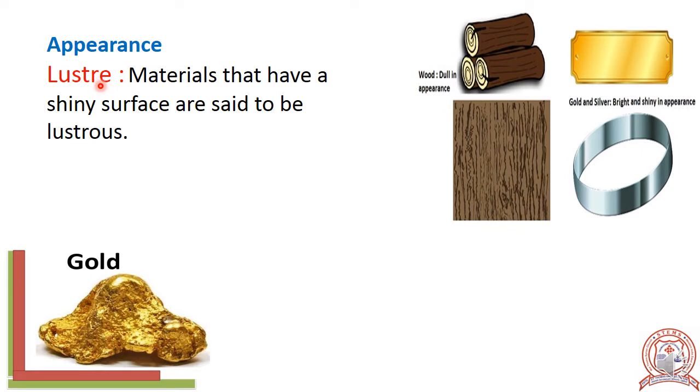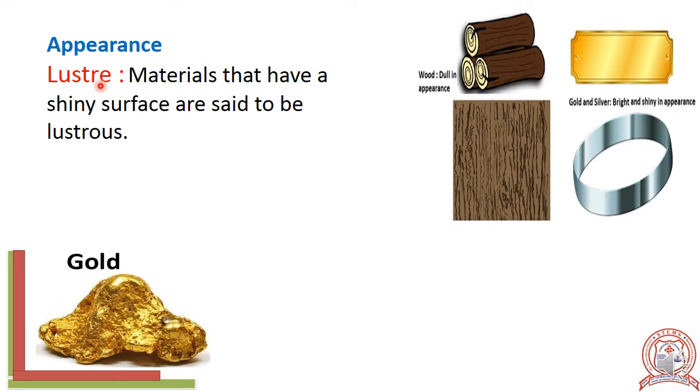Therefore, to see whether a material is lustrous or not, we must observe a freshly cut surface of the material. If the freshly cut surface is shiny, then the material is lustrous. We can't say simply by looking at the material whether it is lustrous or not. Why?